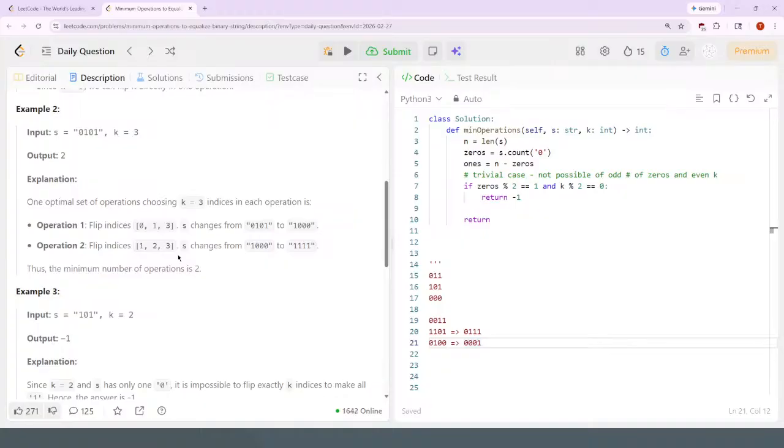For the single operation, try and get to the multiple of K. Number of zeros is a multiple of K.